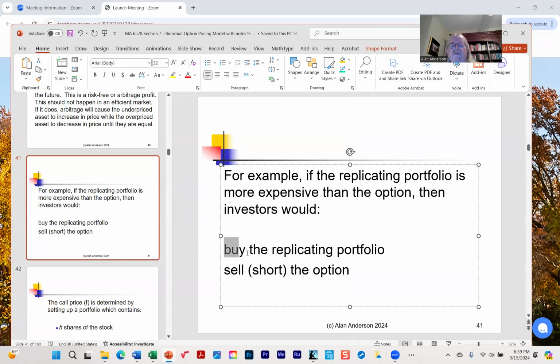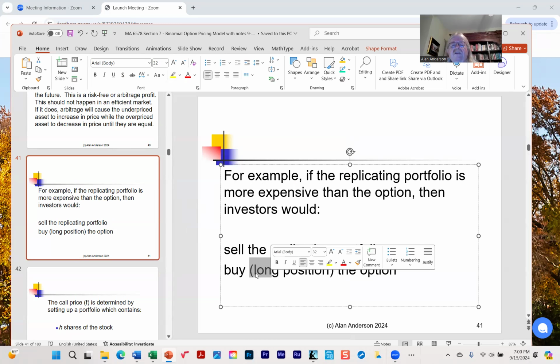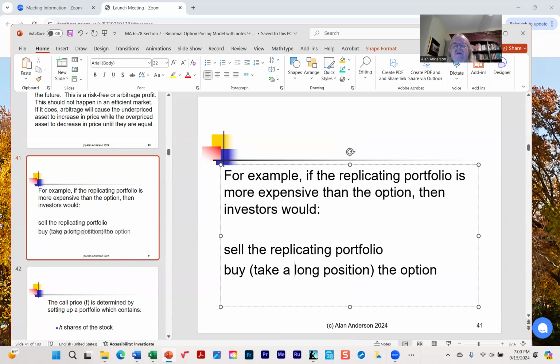So they would sell the replicating portfolio and take a long position in the option. Of course, you'd have the same outcome. That's kind of awkward, buy or take, I should say, take a long position in the option. Okay.